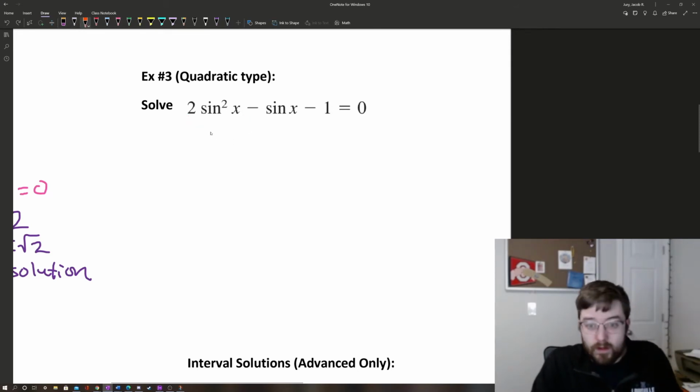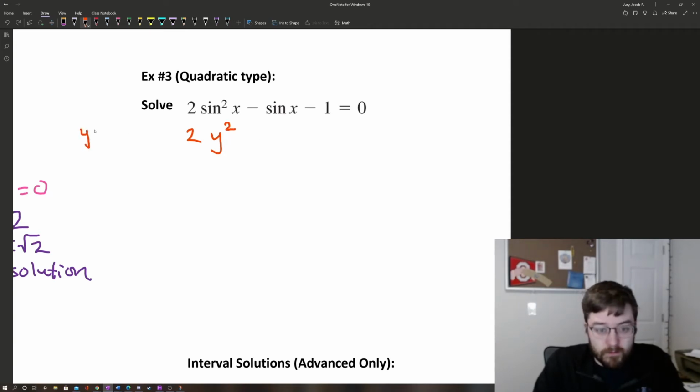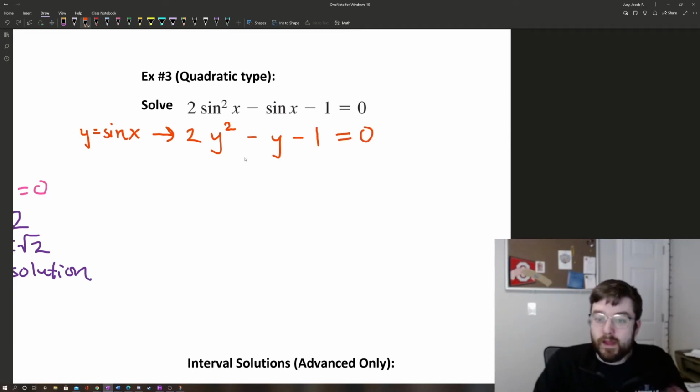If we think about this with variables, which might help you, and this is okay, if we say that y equals sine x, then rewriting my equation looks like this: 2 times y squared minus y minus 1 equals 0. So now I have a quadratic that I need to solve.